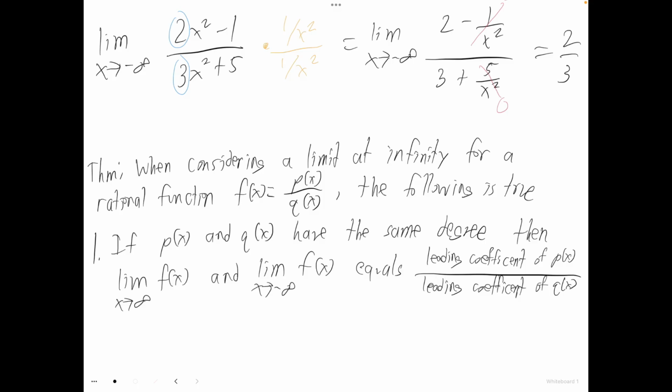And so here we're just taking the leading coefficients, which again, that is the coefficient on the highest power. And so if they have the same degree, then your limit will just be that ratio.